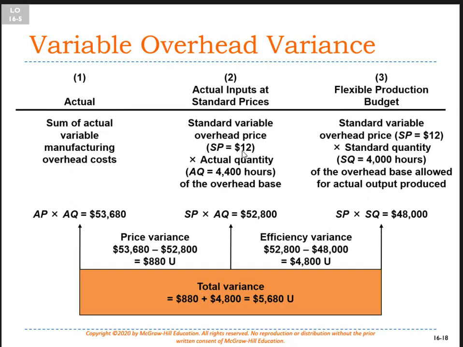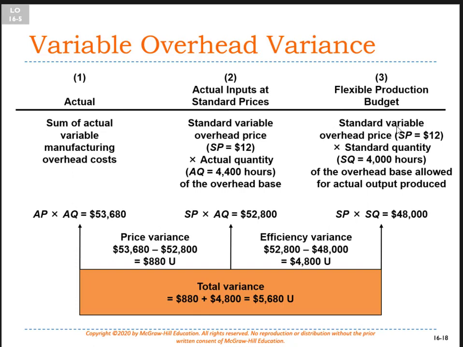So we should have paid $12 and we used 4,400 hours because we're using the same as we did for the labor. And so we have an unfavorable price variance, a slightly higher amount that we spent than $12.